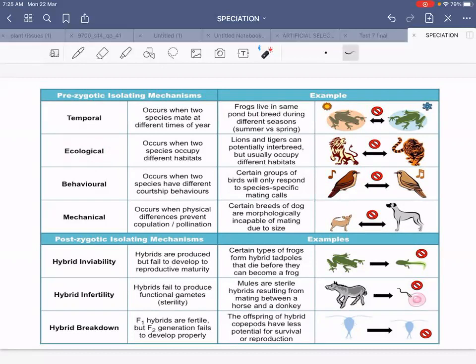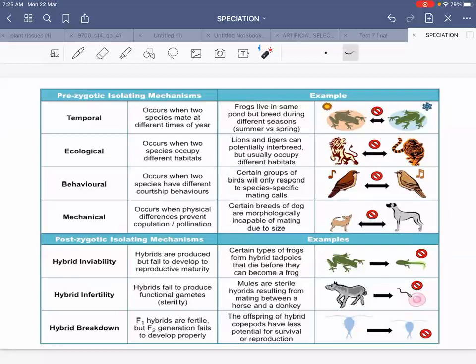Behavioral isolation occurs when two species have different courtship behaviors, which means that in animals, you know, the male animal attracts the female animal by certain kinds of behaviors, right? So it can happen that when there are two birds, they are not mating with each other because their behavior is sort of alien to the other bird.